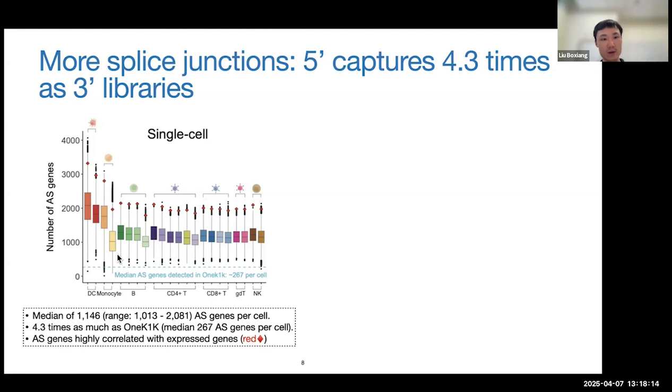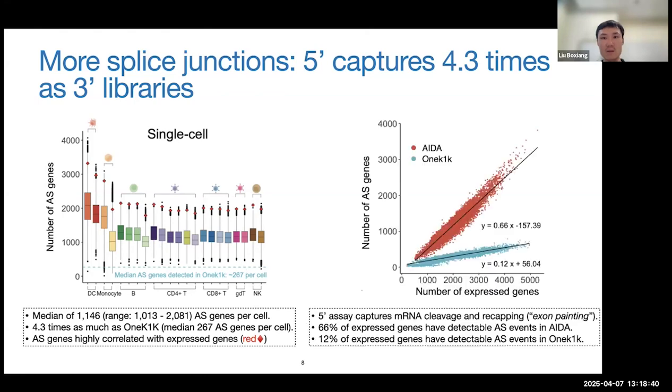But compared to the previous state of the art, which is we used the 1K data, we were able to identify about 267 alternatively spliced genes per cell using the 1K data. So using the IDA data, we're able to push the number of alternatively spliced genes detection by as much as 5-fold.